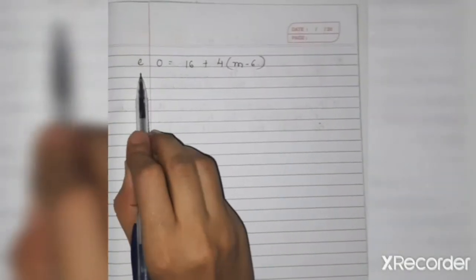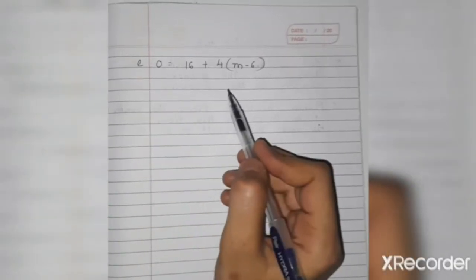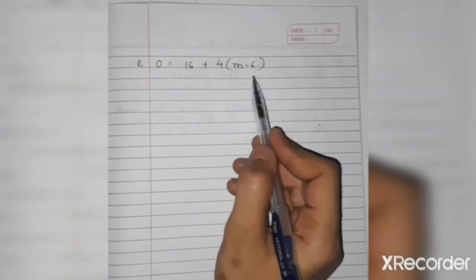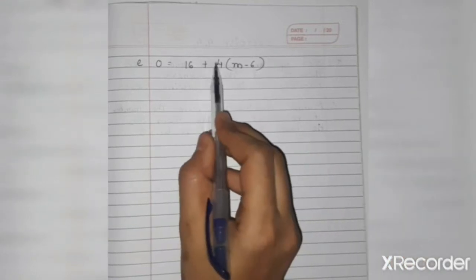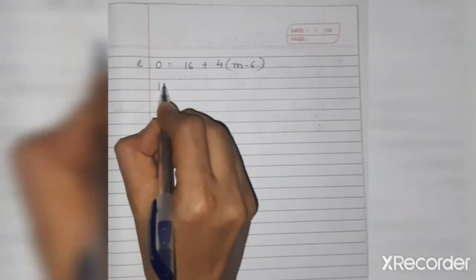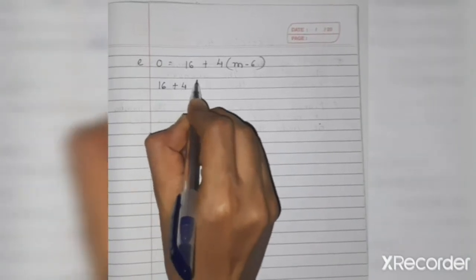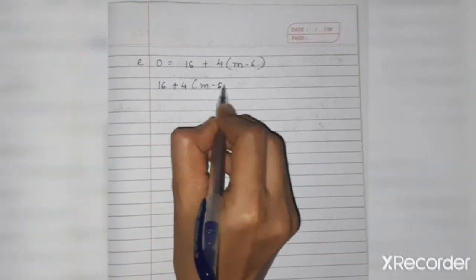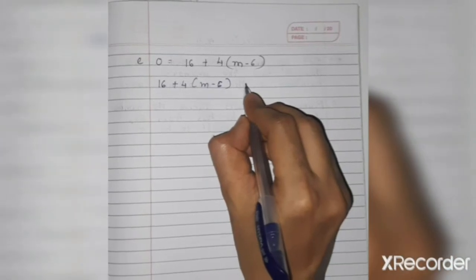Here we have some example from question 3. To remove the confusion, first interchange left hand side and right hand side. We will write 16 plus 4 in the bracket m minus 6 equals to 0.